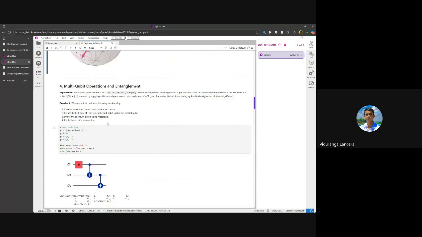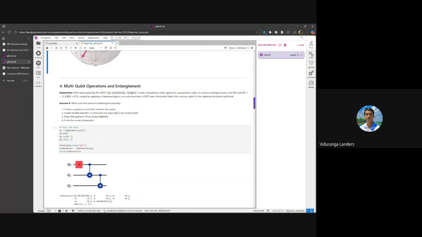So moving on to the fourth section. Here we are trying to work with multi-qubit operations and entanglement. I hope you remember from my session that entanglement is key to achieving quantum advantage.